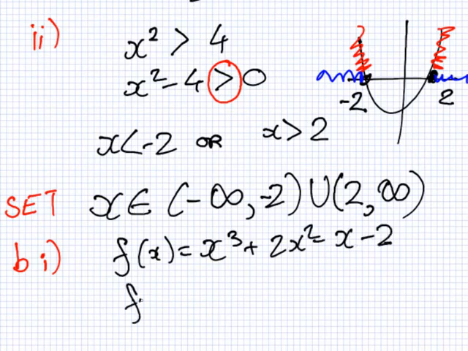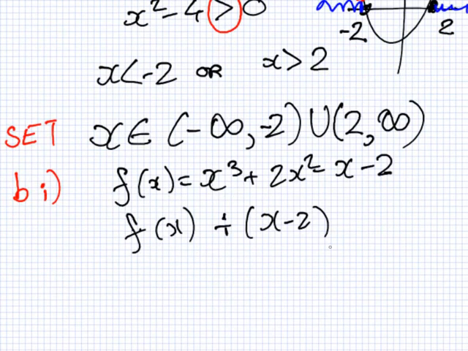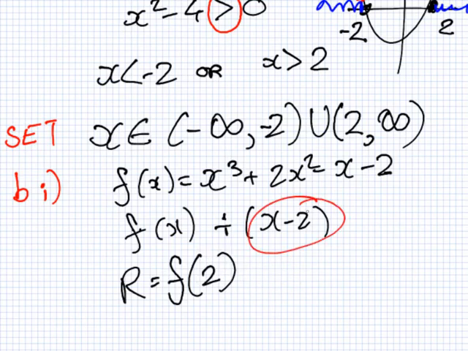So they want f(x) divided by x minus 2. If you use the remainder theorem, the remainder will be f of 2. You take this and change it into x equals 2 and put it back in. That answer is the same answer you get when you do your long division.